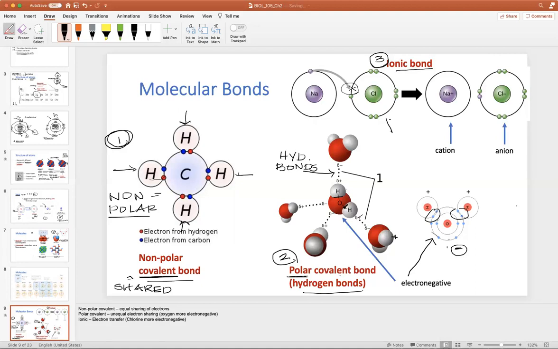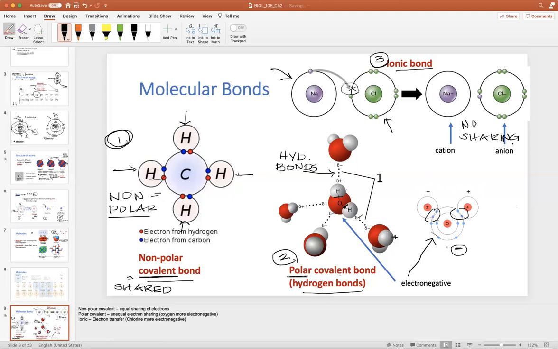So it's electron hungry. It's going to scavenge electrons, and this is going to give up electrons. And so what happens in an ionic bond is one atom completely snatches the electron from the other. There is no sharing at all, okay?